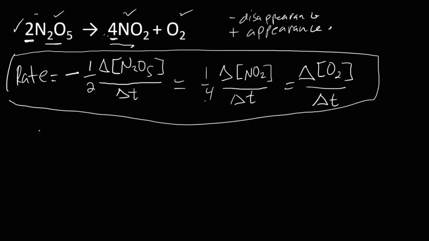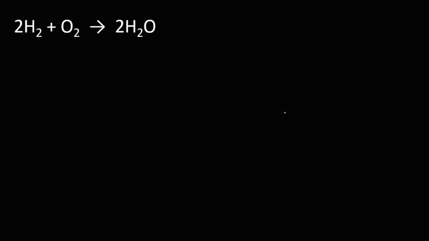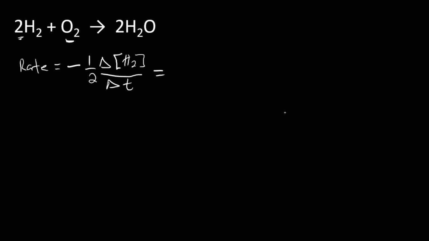So let's have another example. For 2H2 plus O2 produces 2H2O, the rate expression is given by, we have again 2 moles of H2, but it will disappear, so negative 1 over 2 change in H2 over change in time, which equals, again a reactant, negative, and there's no need for us to write 1 over 1 because it is already understood.